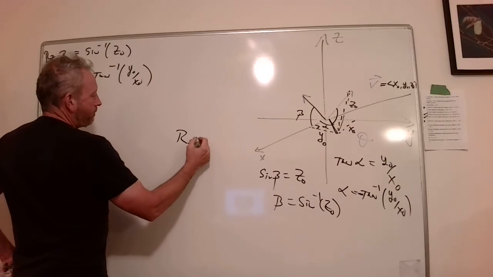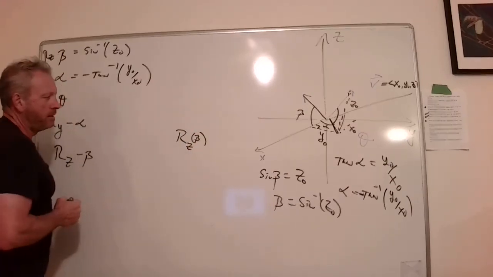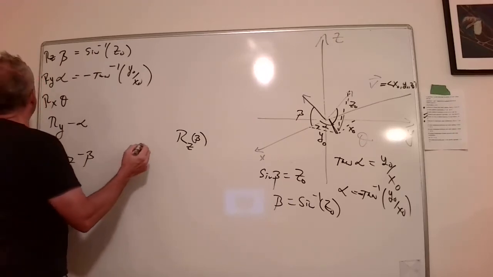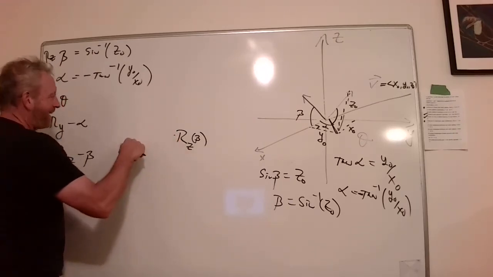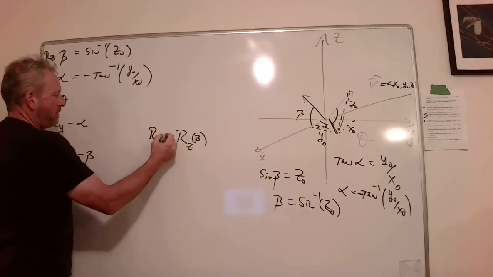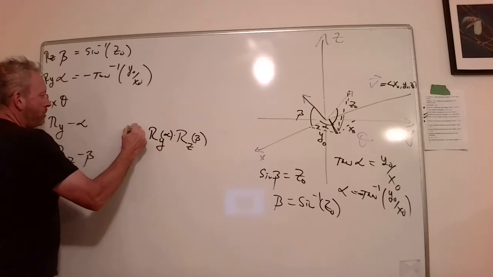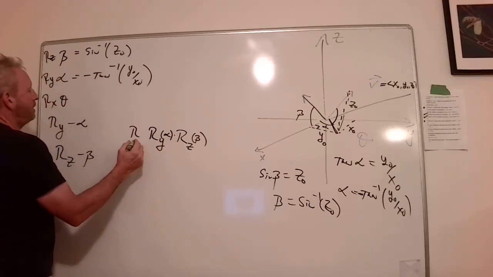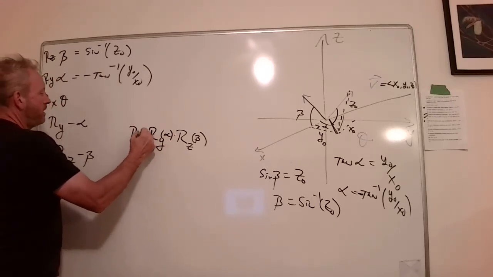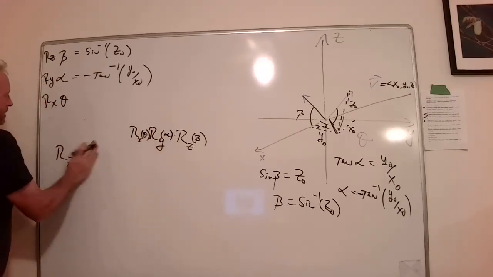And let's put this in here. We're going to use the angle beta. So a rotation using that angle. And then we multiply on the left by a rotation about the y-axis using alpha. Then we rotate about the x-axis using theta. And I didn't give myself enough room here, but I don't think I need this anymore.